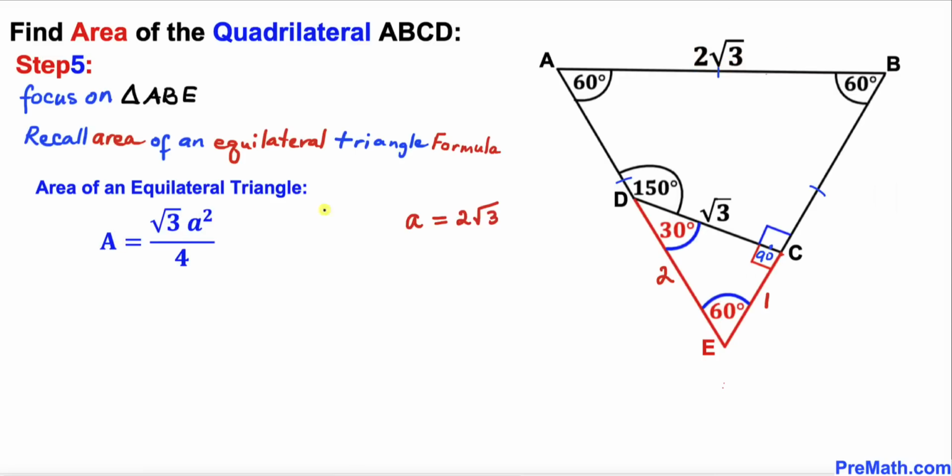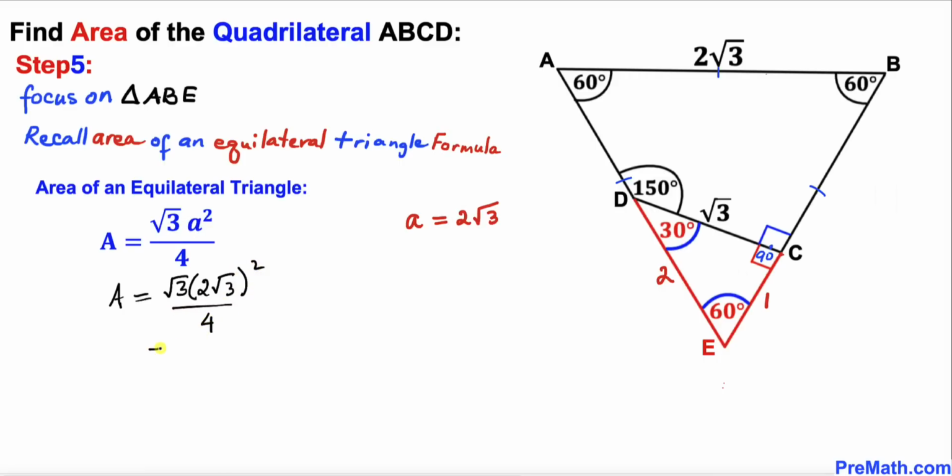Let's calculate the area of triangle ABE by replacing a by 2 times square root of 3. Area equals square root of 3 times (2 times square root of 3) squared, divided by 4.